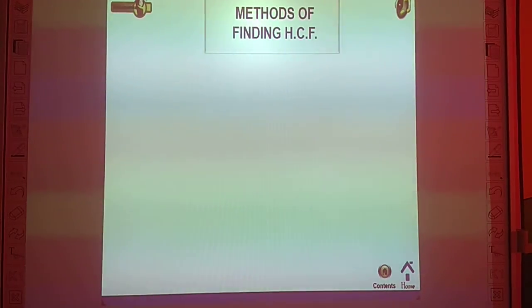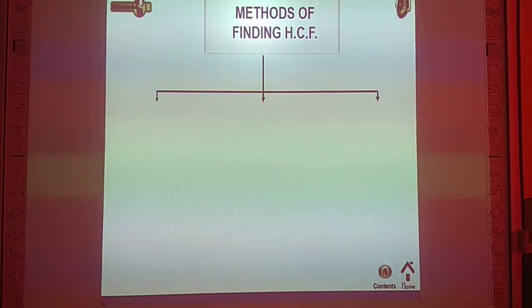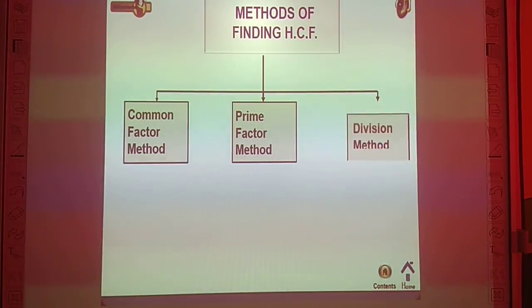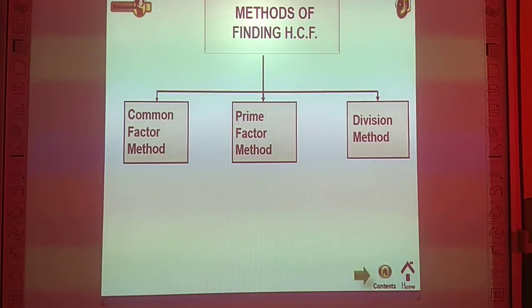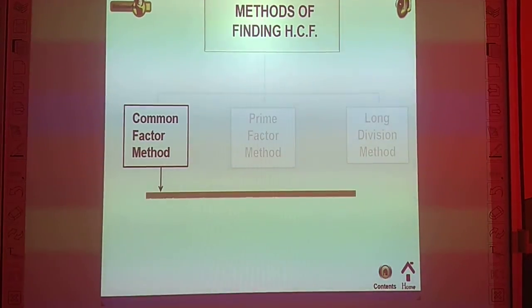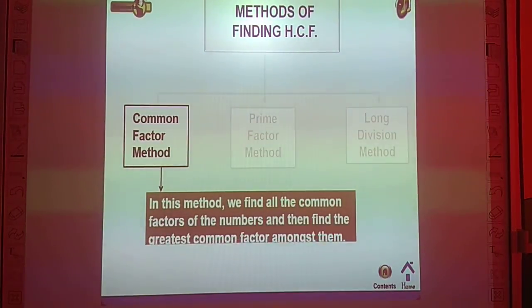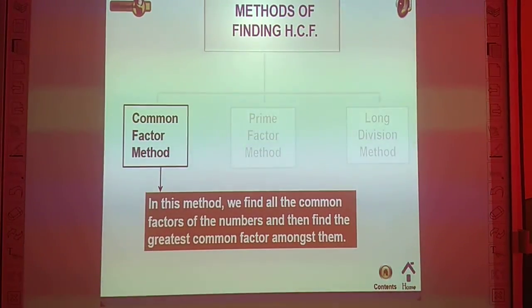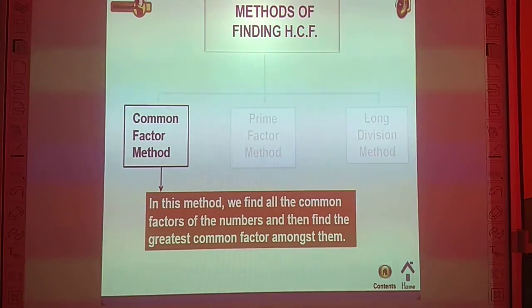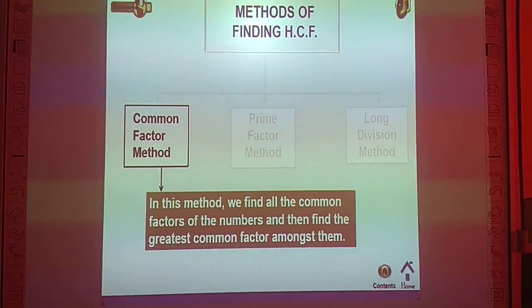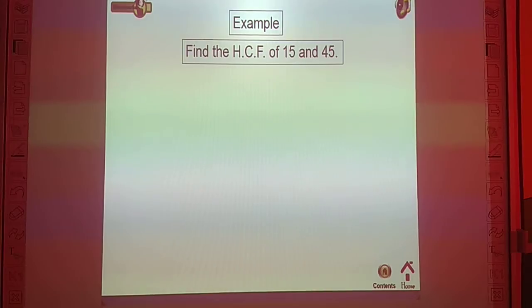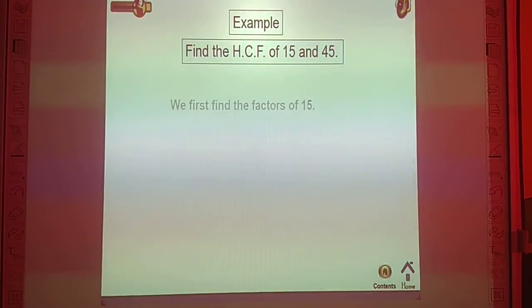Methods of finding HCF: common factor method, prime factor method, division method. Common factor method: in this method, we find all the common factors of the numbers and then find the greatest common factor amongst them. Let us find the HCF of 15 and 45 by the common factor method.